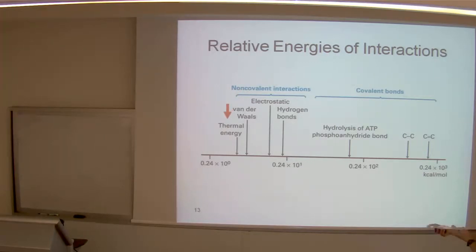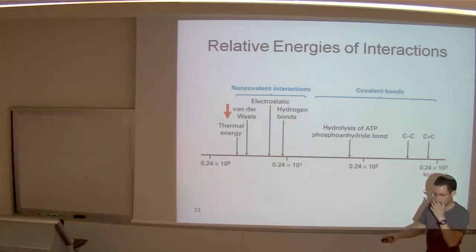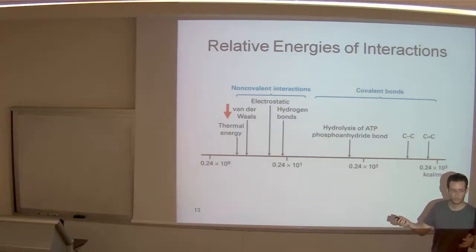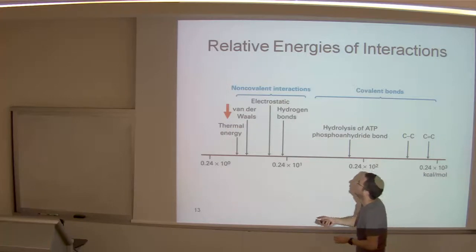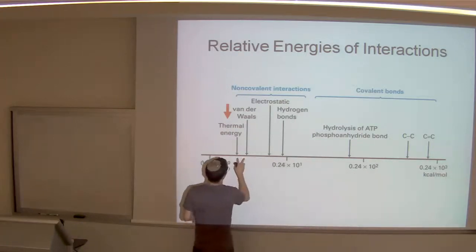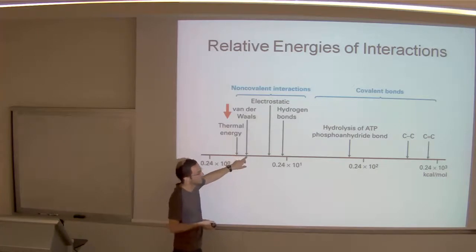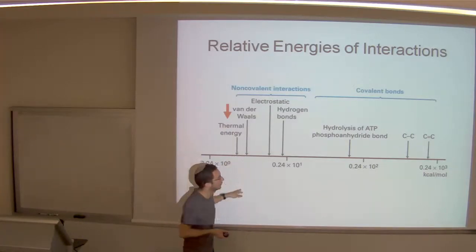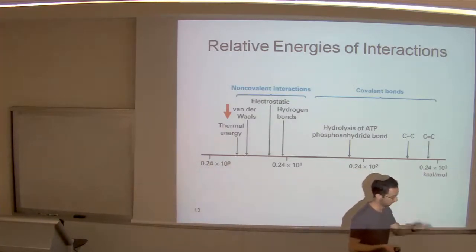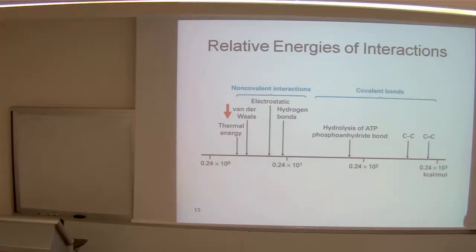And this is where the thermal energy is, at room temperature of 25 degrees Celsius. So again, as you asked about the van der Waals interactions, they are the closest to the thermal energy. So they will not be broken spontaneously, but you don't have to put a lot of energy into your system to break them as well.